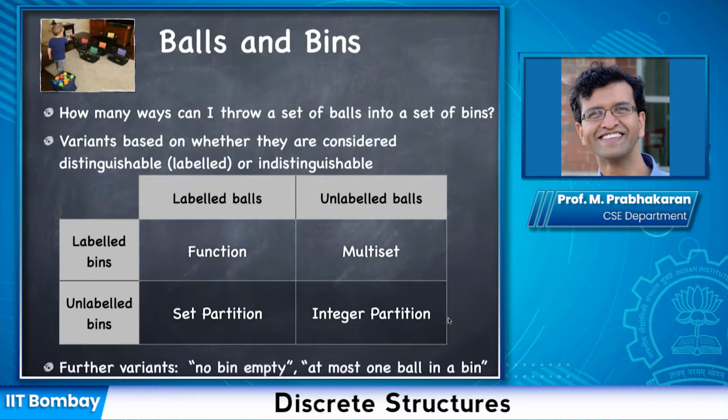And another variant is when you restrict that every bin should have at least one ball. And at the other end, you have also the variant where you require that every bin can have at most one ball. So depending on this, you have three variants of each of these four kinds of questions. So that's what we'll step through in this lecture.